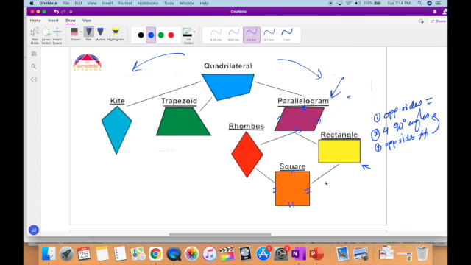No. So you can see that a square has all of the properties of a rectangle. So a square is a rectangle, but a rectangle is not a square. See that? Did I just blow your mind?